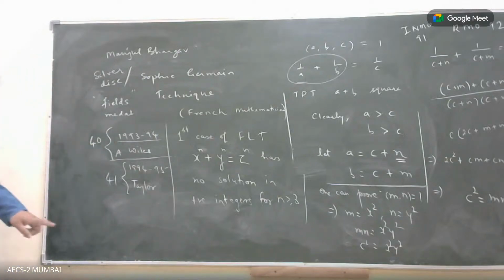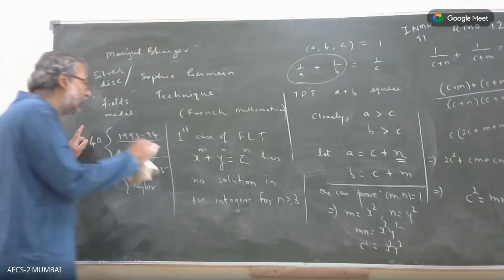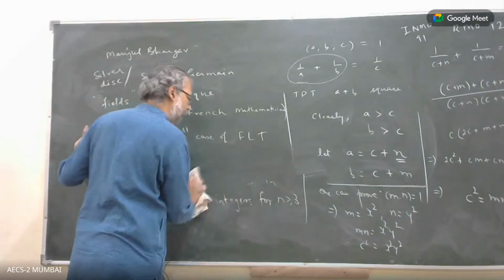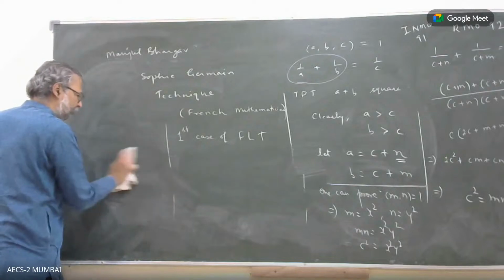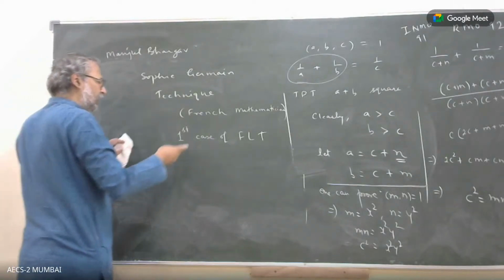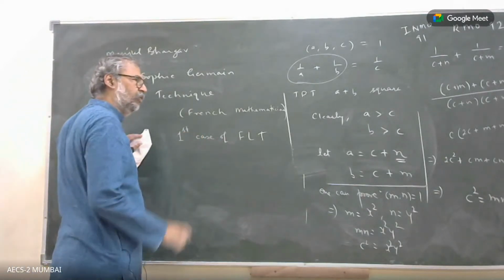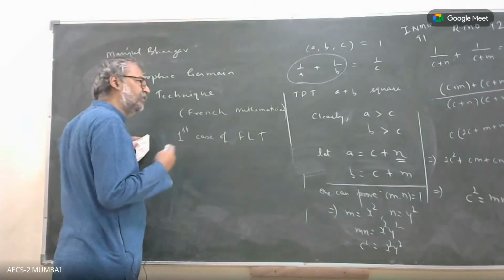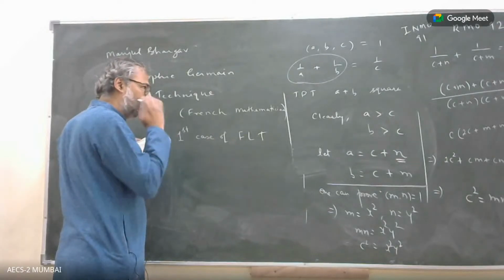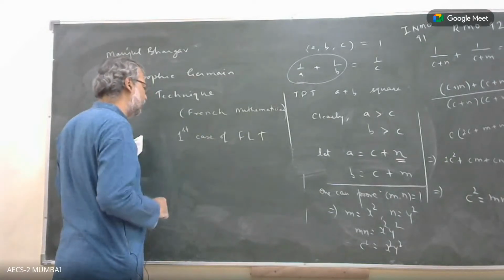So, Sophie Germain claimed one case of Fermat's last theorem. Unfortunately, in those days, even in French universities, girls were not admitted or allowed to take lessons in university.